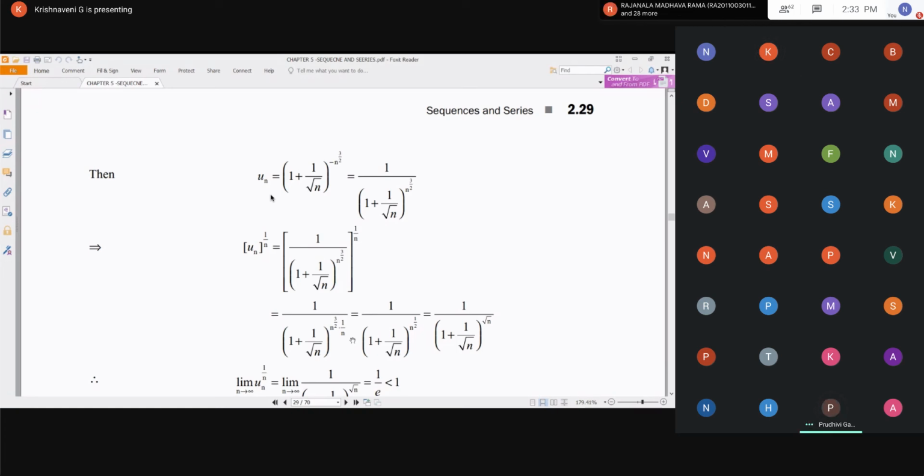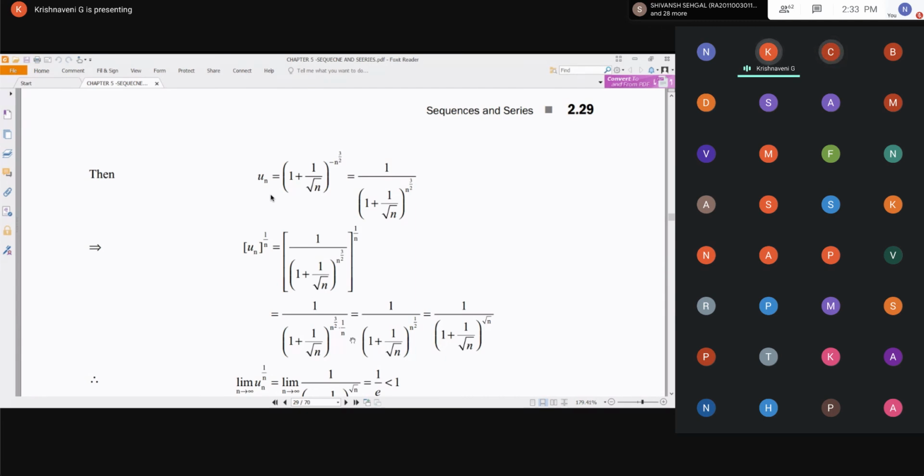In the denominator, that is n power 3 by 2 by n. We can write that 1 by n as n power minus 1.